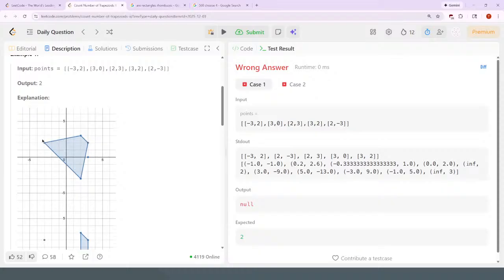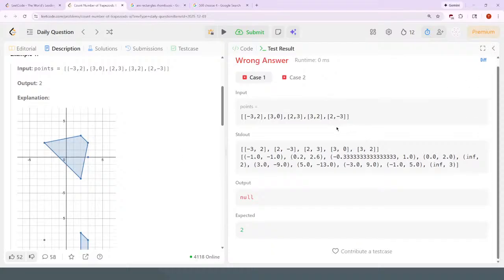Slope is 0, intercept 2. Okay. And then it's going to do these two. Slope is infinity, x-intercept is 2. Here to here. Slope is 3. Intercept is -9. Okay, yeah, it's working as I intended.